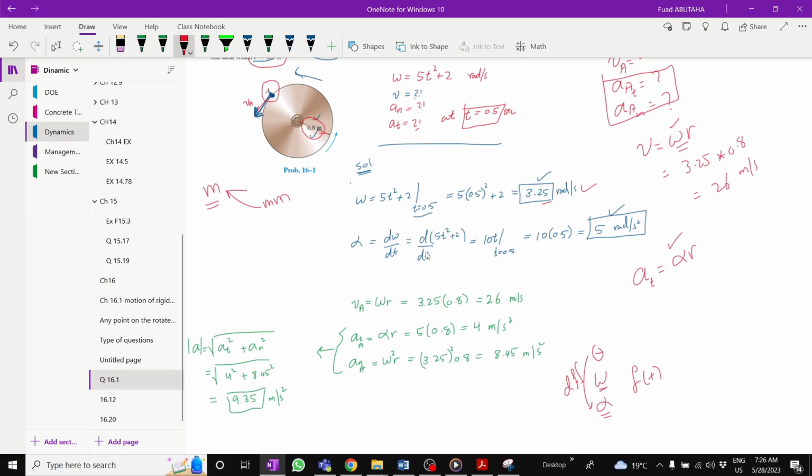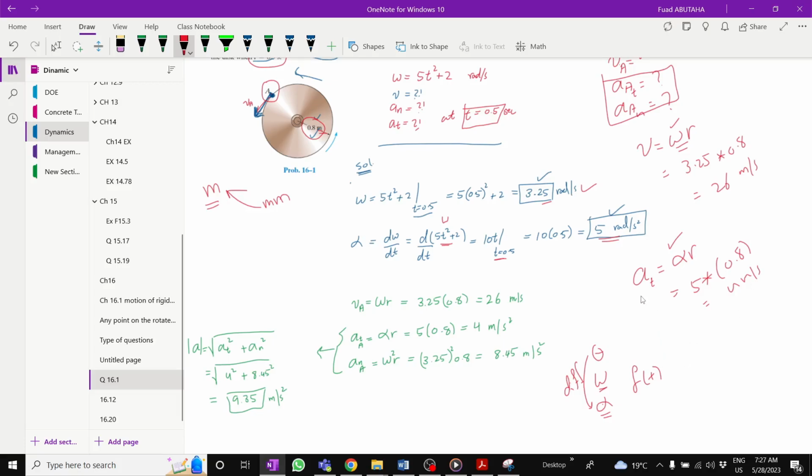Alpha will be the derivative of omega with respect to time. So we can come up with alpha, which will be 5 times the radius, 0.8, so it will end up with 4 meters per second squared.